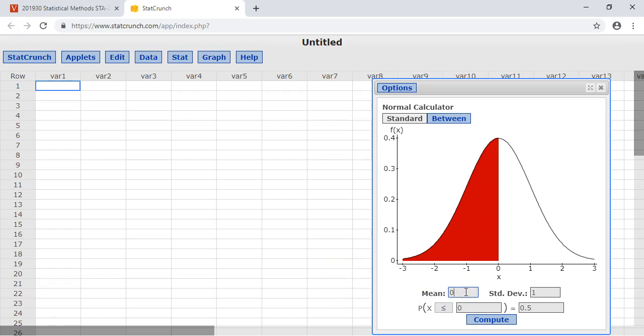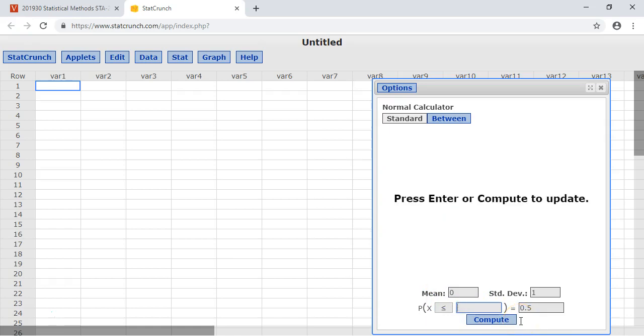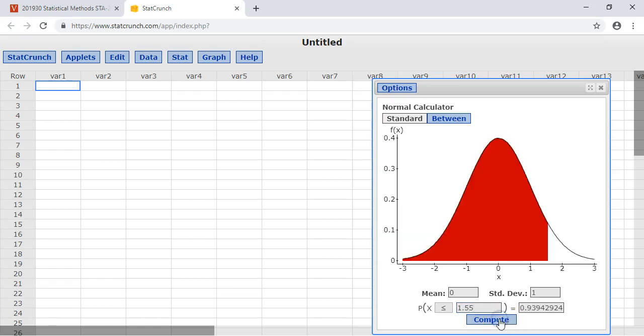The mean is 0 because we are normal, right? What's our standard deviation? 1. Good. Do I have to change this? No, keep it as the less than, because we want to be to the left. What do I put in there for 0? 1.55, perfect. Now hit compute.